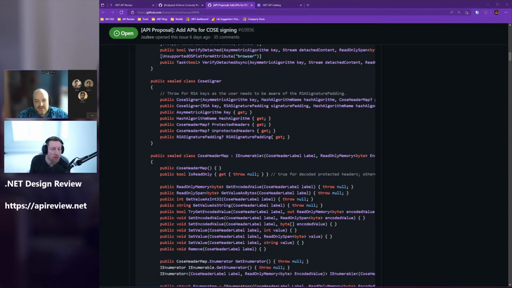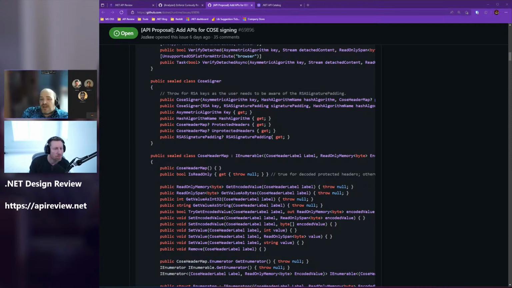If you want the byte array, then it would be the out read-only memory and then the next line calls to array. We could certainly add an overload that takes out byte array. It makes an out discard annoying if you wanted to call try get encoded value as contains key, but we could do the helper for you, though I don't think it'll be common enough to matter. Yeah, the discard I would probably solve anyway, because it seems weird to say try get encoded value and then discard the value.